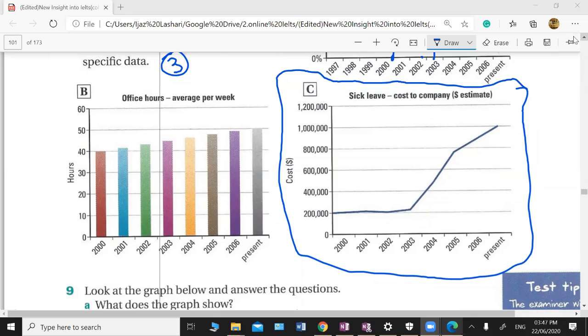The cost from 2000 up to the present has risen. It has risen in between, but overall it has risen a lot, a huge amount or a small difference. Sir, it has risen up to 80% from the start.